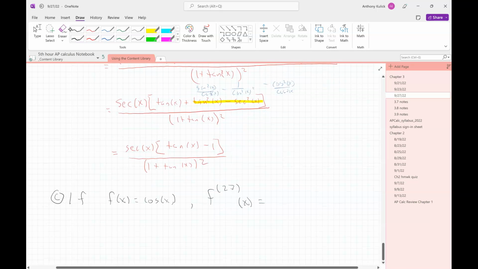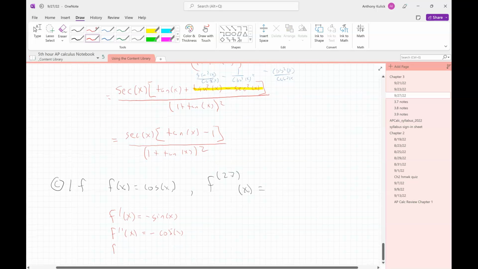Nice. Well, let's get going. So the first derivative is negative sine. The second derivative is going to be negative cosine. Everybody agree with that?